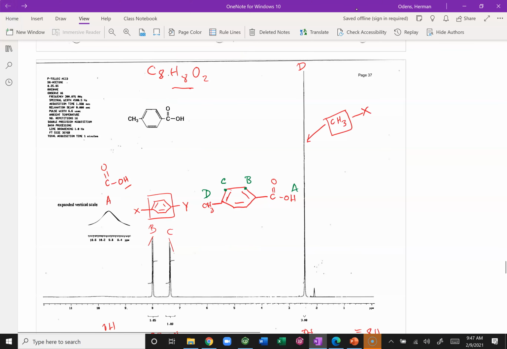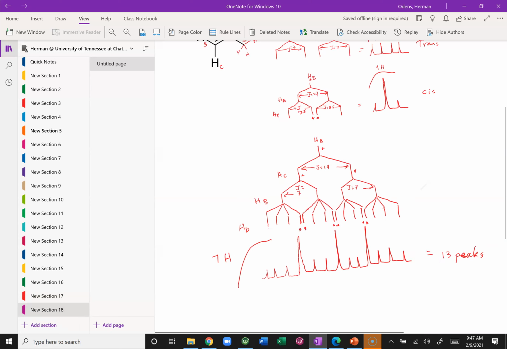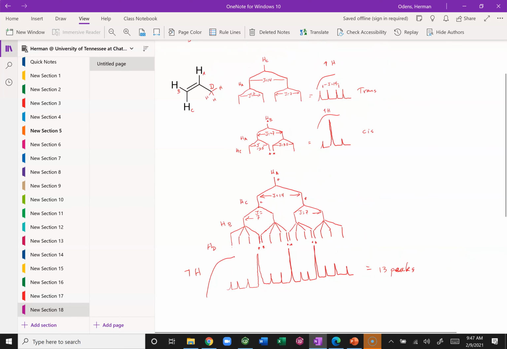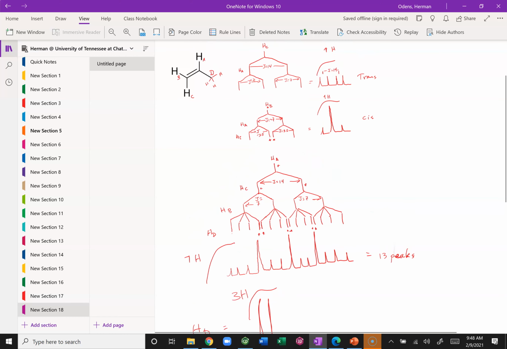And then finally, your 3 hydrogens on D will be a doublet because they have 1 neighbor on HA. So HD will be a doublet that will integrate for 3 hydrogens. You see that?